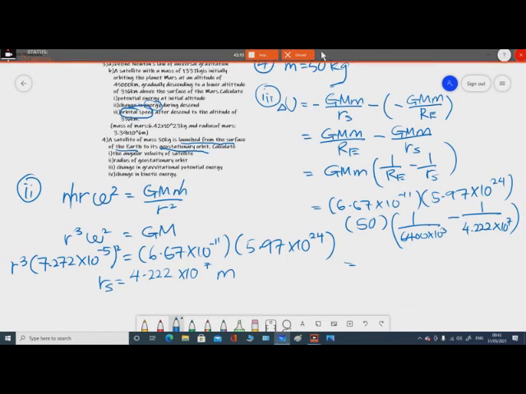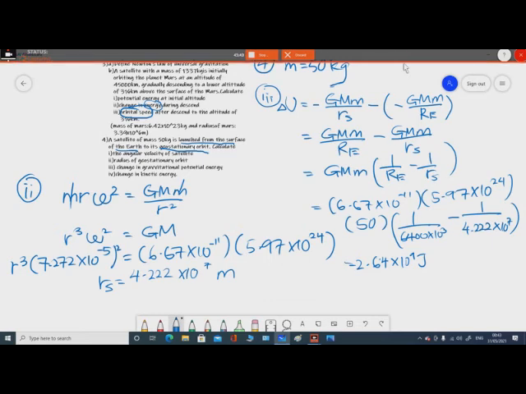So the final answer we get is 2.64 times 10 to the power of 9 joules. Okay, so this is the final answer.